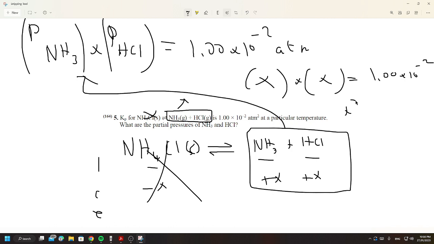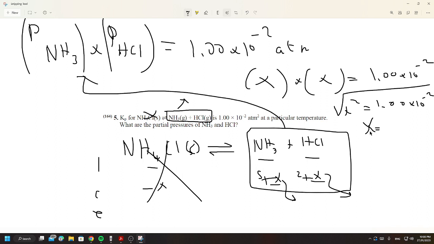X times x is x squared equals 1.00 times 10 to the negative 2. Therefore, you just take the square root of this and you get x. In this case x is the partial pressure because it's just x by itself. But say for example it was 5 plus x or 2 plus x, you would substitute x into here to get the partial pressure of each one, and that's your final answer.